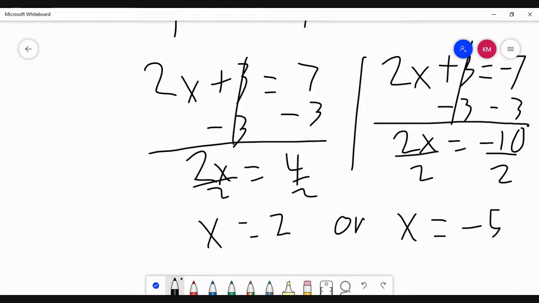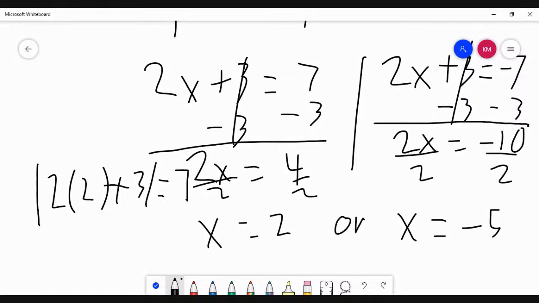Now, are both statements true? Well, the absolute value of 2 times 2 plus 3 equals 7.